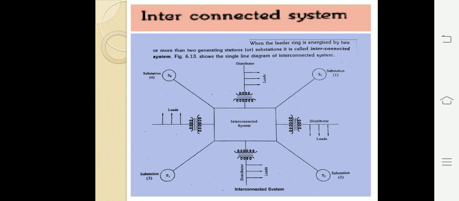Coming to the interconnected system. What is meant by an interconnected system? This is the diagram of an interconnected system. When the feeder ring is energized by two or more generating stations or substations, it is called an interconnected system. Check this, here in this diagram we have four substations.